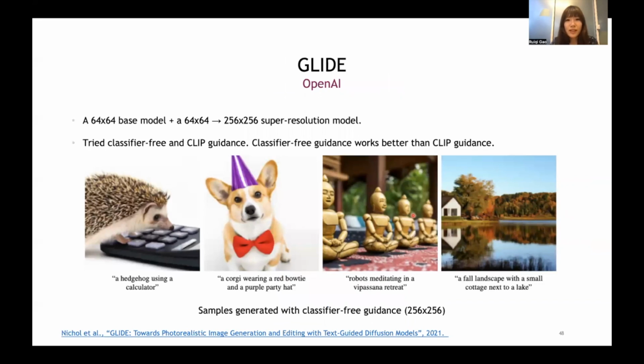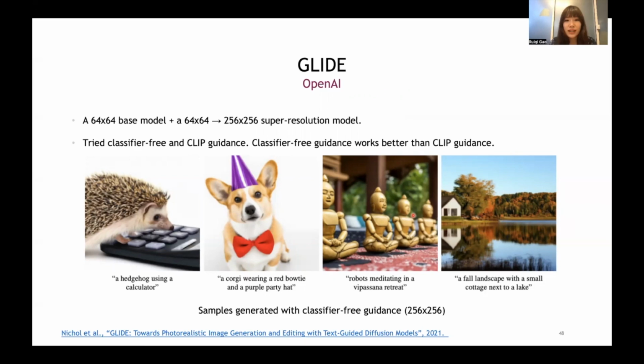And let's start from the GLIDE model by OpenAI last year. This is essentially a cascaded generation diffusion model, which contains a 64 by 64 base model and a 64 by 64 to 256 by 256 super resolution model. They have tried to use classifier-free guidance and CLIP guidance. I will talk about the CLIP guidance in detail later.